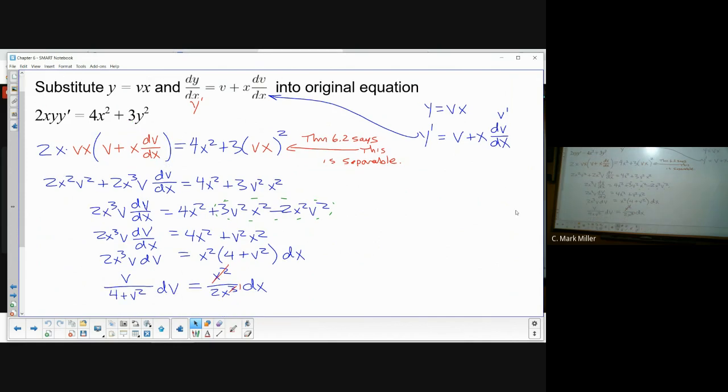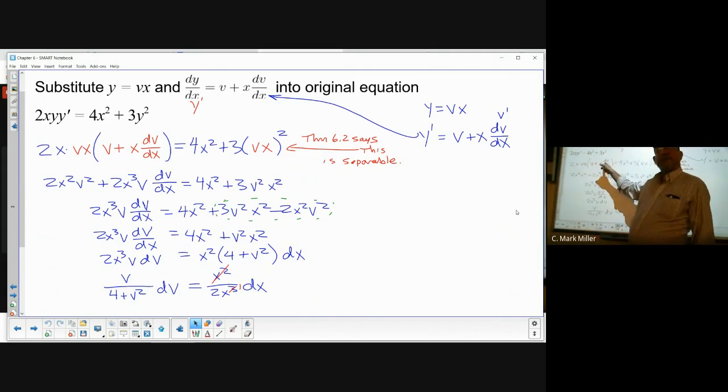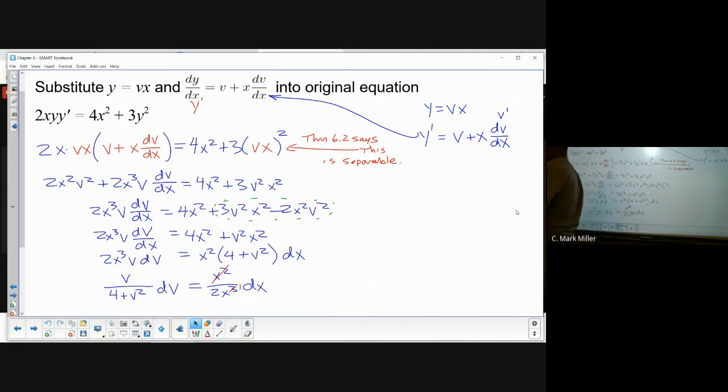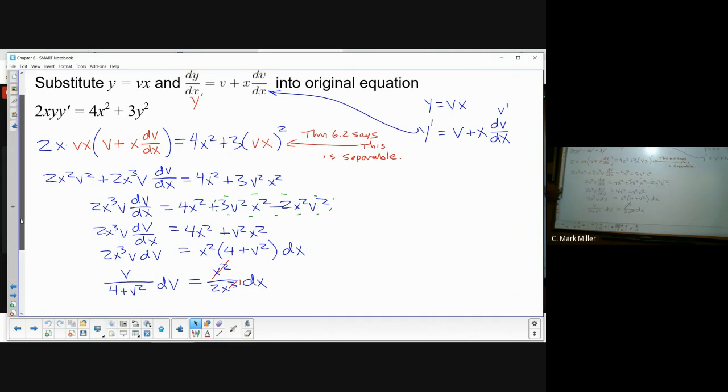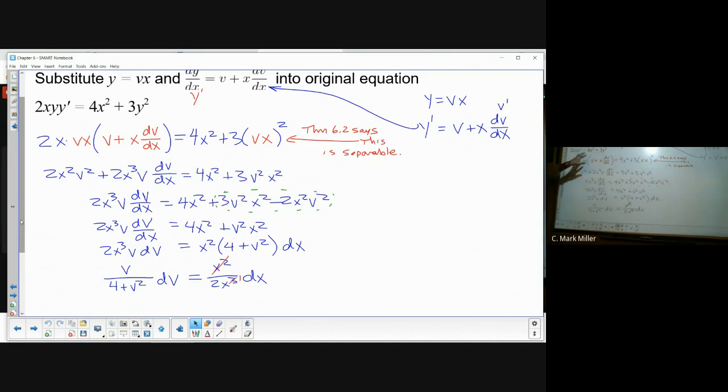What is your goal? Because now that you've plugged this in, our theorem says that is a separable differential equation in x and v. That's what that says. Did I mention you've got to know a bunch of these buzzwords? Yeah. All right. And so what I'm trying to do here in this algebra is separate them. I want the x's on one side with dx.